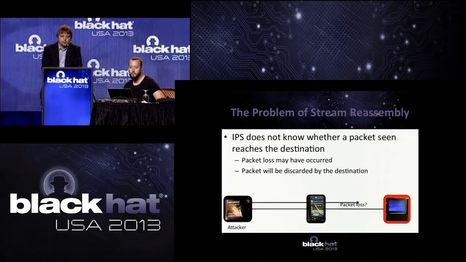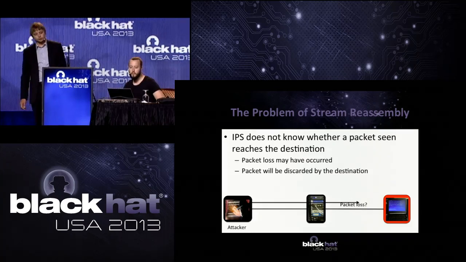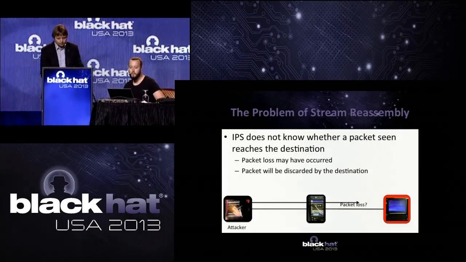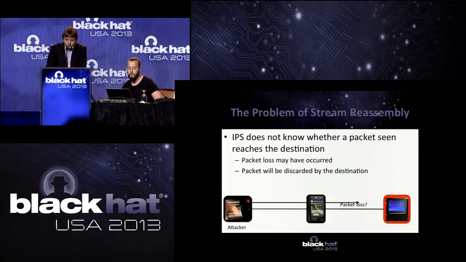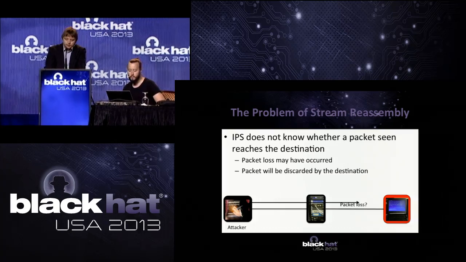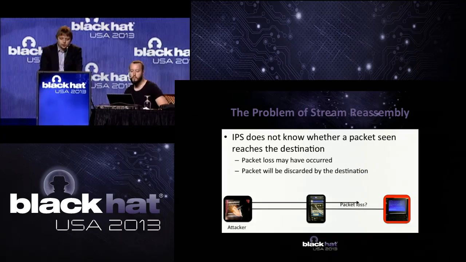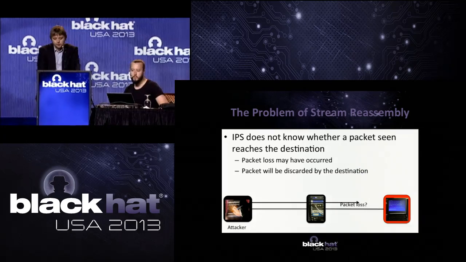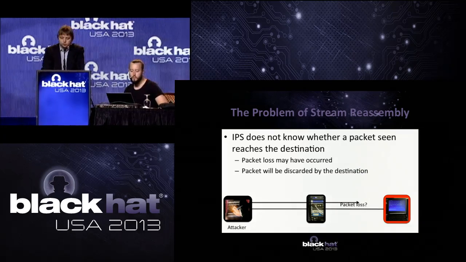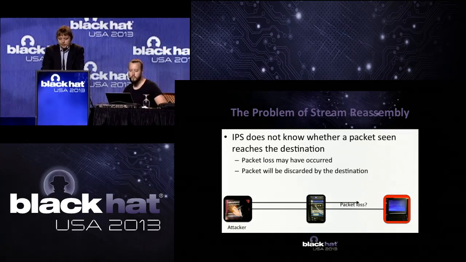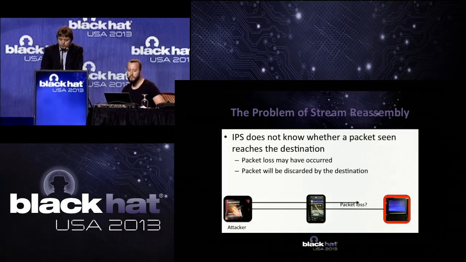Regarding TCP stream reassembly, there is one problem that is really difficult to solve. Namely, the IPS doesn't know whether a packet that it has seen reaches the destination. After the IPS and before the target host, there could have been packet loss, or the target host may have discarded the packet for whatever reason, and the IPS doesn't know that.